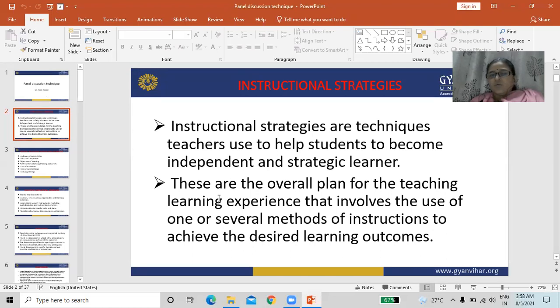These are an overall plan for the teaching-learning experience that involves the use of one or several methods of instruction to achieve the desired learning outcomes.